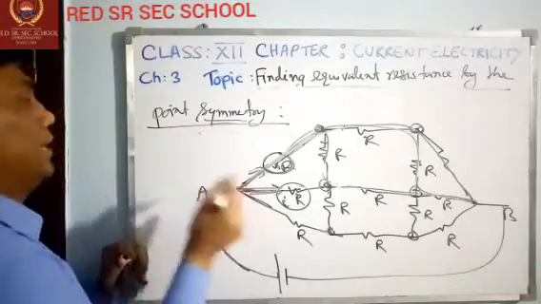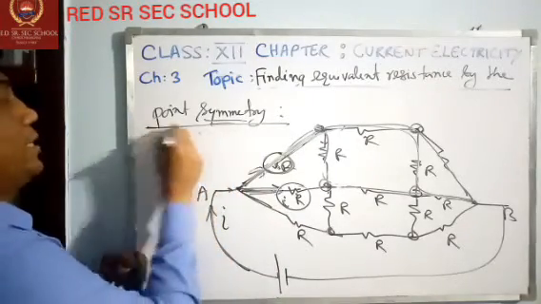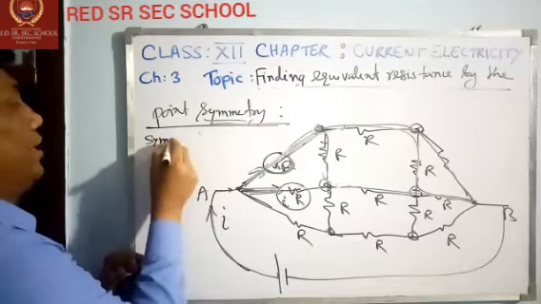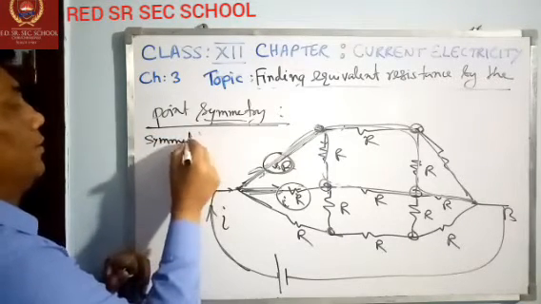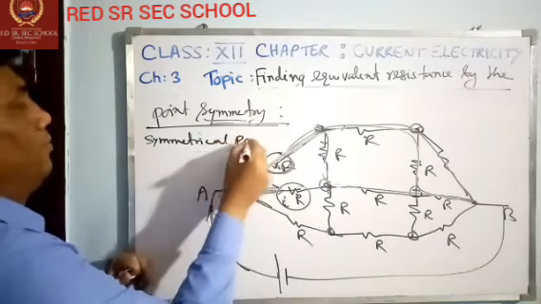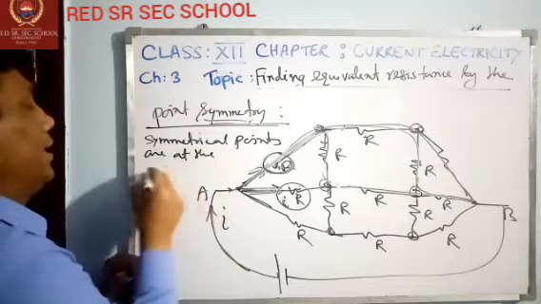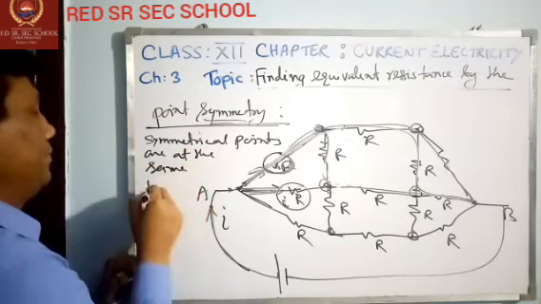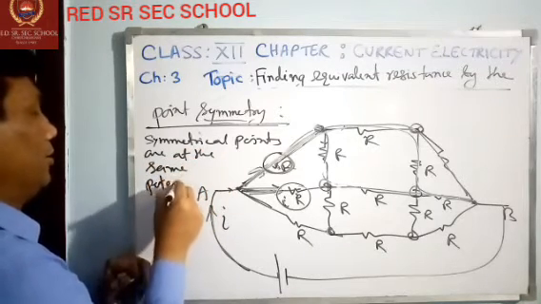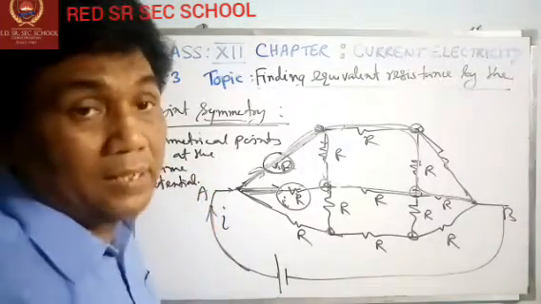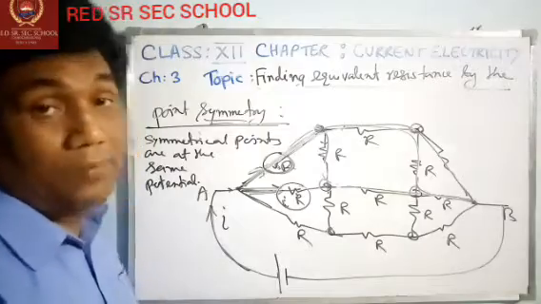The conclusion is that symmetrical points are at the same potential. You write down: symmetrical points are at the same potential. If they are at the same potential, if you want you can disjoint, if you want you can club them.